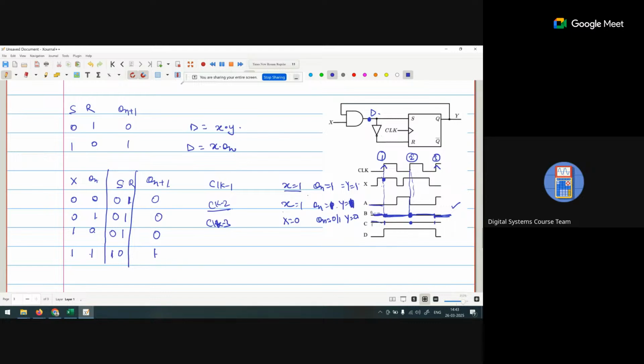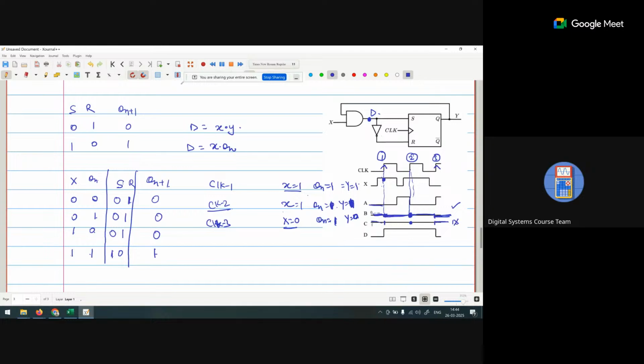At the third clock pulse, X is 0, but Qn is 1. We should be getting 0, but now we are getting a 1. So this option is incorrect.